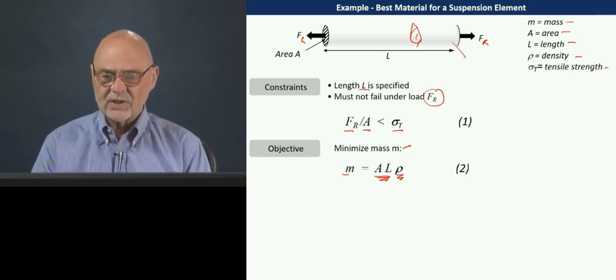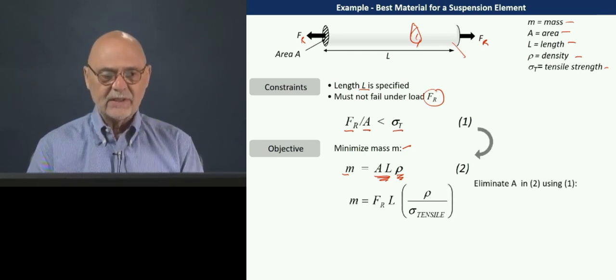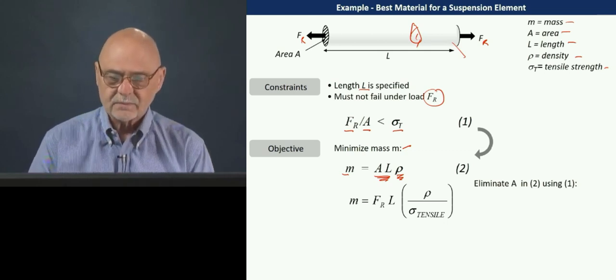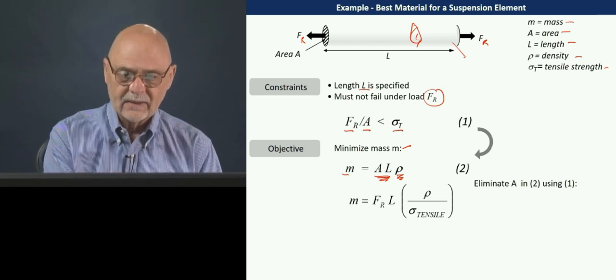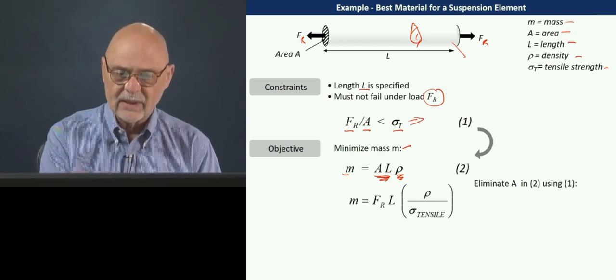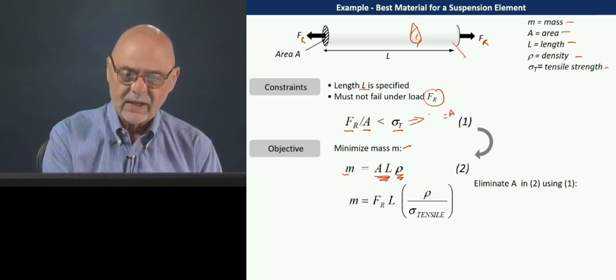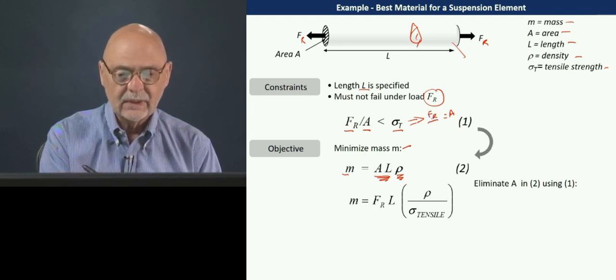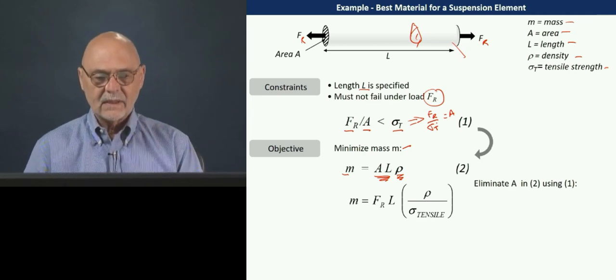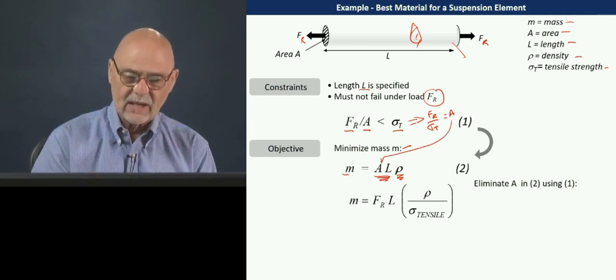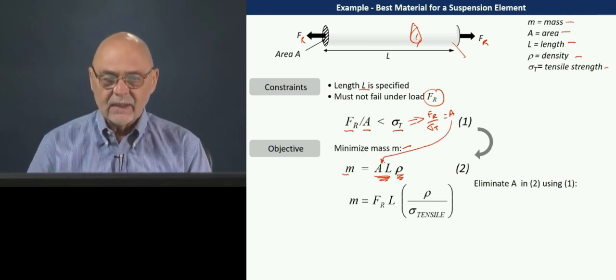Now let's take equation number 1 and put it in equation number 2. So what we're going to do is solve for A. From this equation, we get A is equal to F sub r over sigma t. We're just going to substitute that in there.